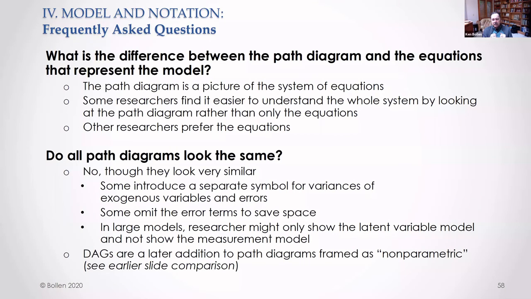One that I mentioned is with DAGs, the single-headed straight arrow represents non-parametric relationships rather than ones that are necessarily linear in the parameters. So it's a more general representation of possible relationships. I also said the curved two-headed arrow differs between DAGs and path diagrams.